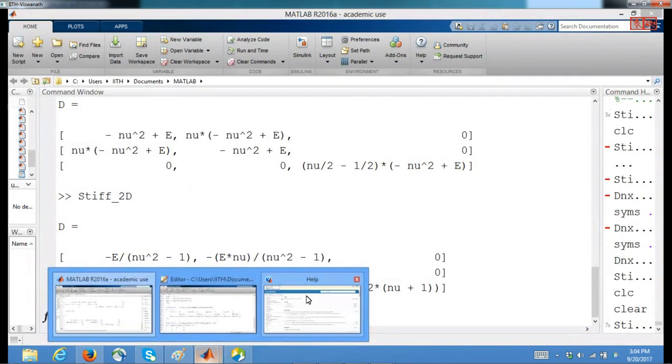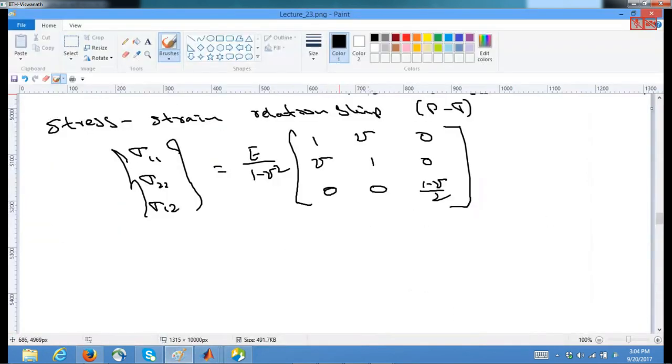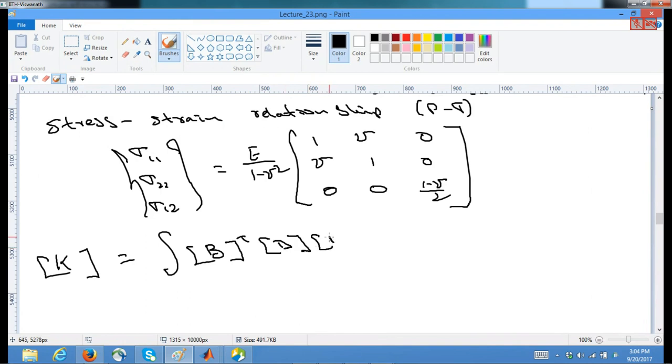Now what we need to do is our K matrix. K matrix is given by the integral of B transpose D B. So let us find the multiplication of this thing.